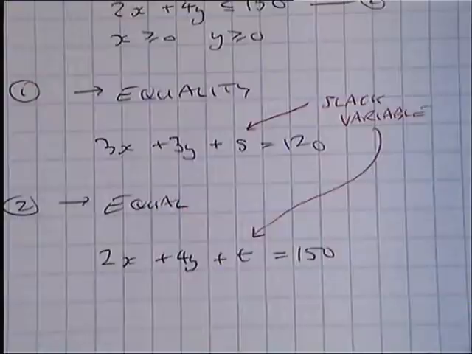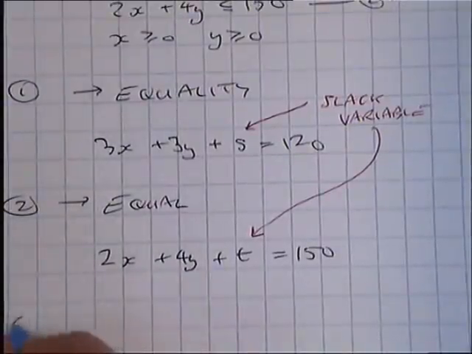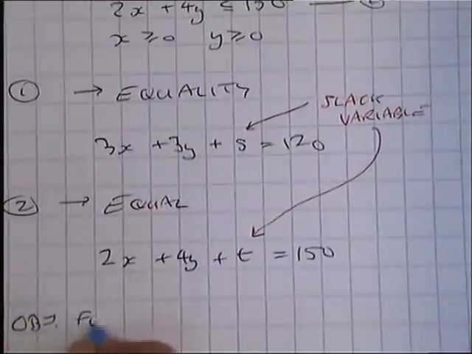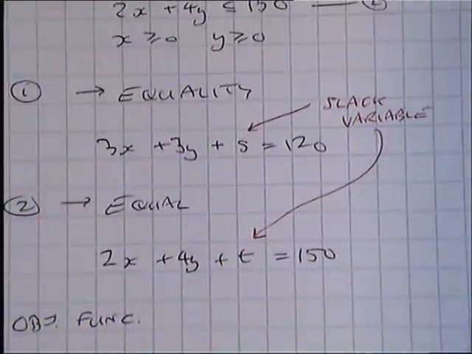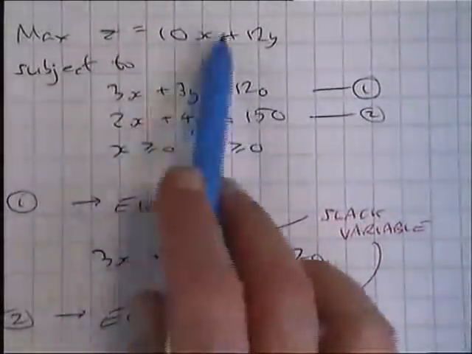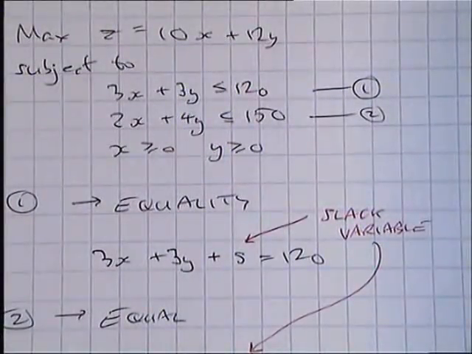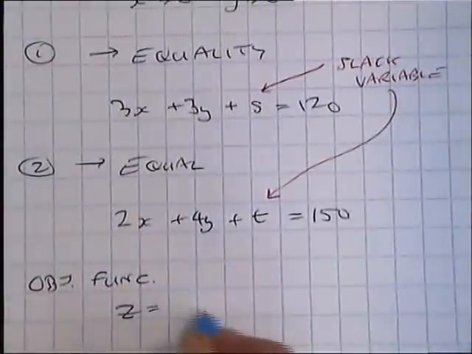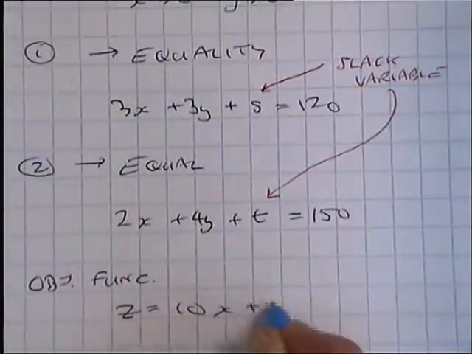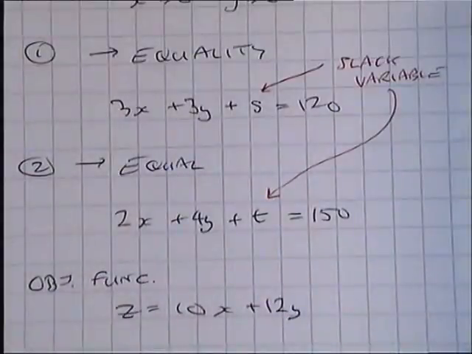Right, the next thing that we do is we start to rewrite our problem, and we look next at our objective function. Our objective function at the start was this thing here, maximise z, which is 10x plus 12y. Z equals 10x plus 12y. So we're going to change our objective function, because our objective function also needs to include s and t.